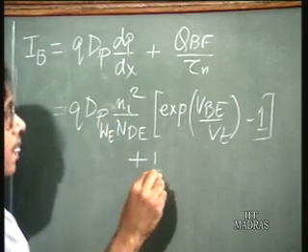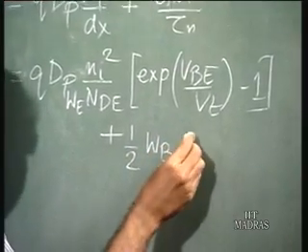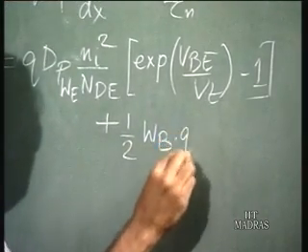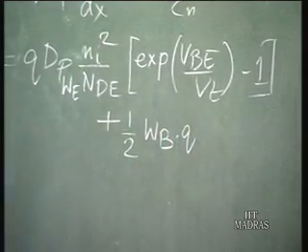So, half, what is the base? WB into, again there will be a charge, this altitude is what again?